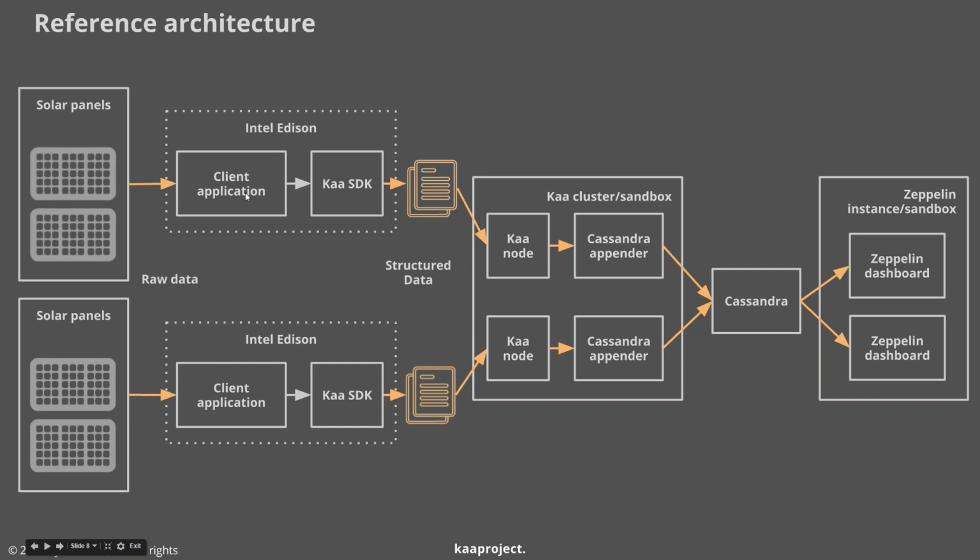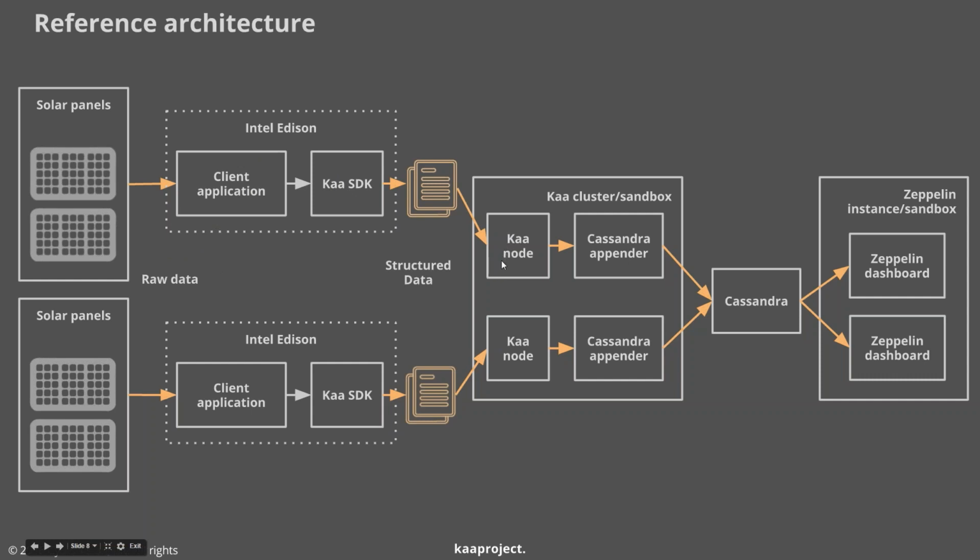The Intel Edison application collects raw data from the solar panels about the amount of power that is produced, and then it pushes this data using Kaa SDK to the Kaa cluster. And Kaa SDK is transferring not raw data but structured data to the Kaa node.